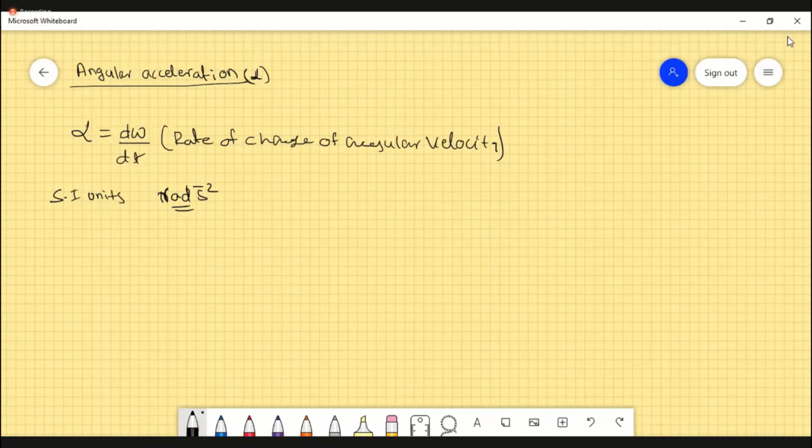And what is the relation between linear acceleration and angular acceleration?